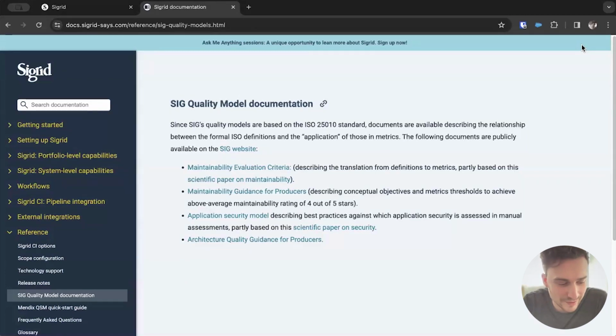We have a client that, for example, has metadata somewhere already in a separate system, and they integrated that: every push towards Sigrid, they also fetch the metadata from their secondary system and upload it together with the snapshot. That's how you can get automatic synchronization between your existing systems and Sigrid.